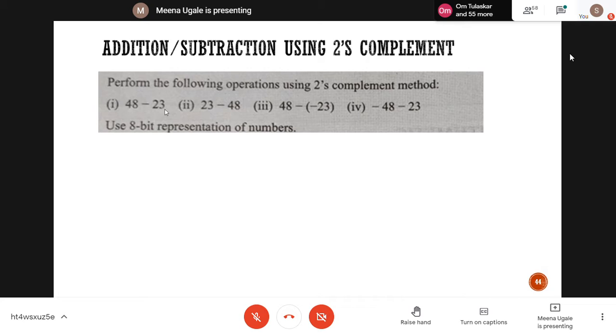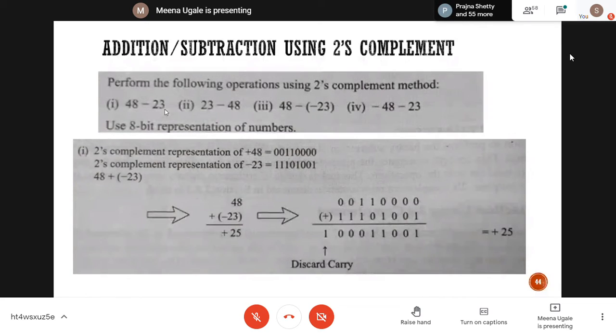You can verify your answer. Just see the screen, I have posted the result here. 48's representation is shown. Now this is a positive number, so in 2's complement also the number's representation is not going to change.